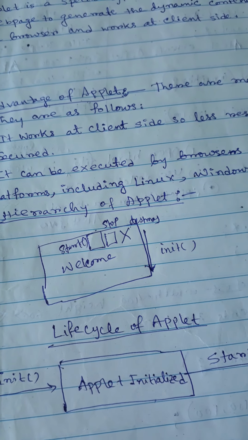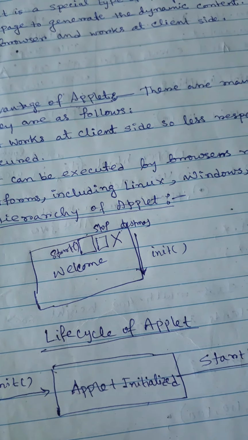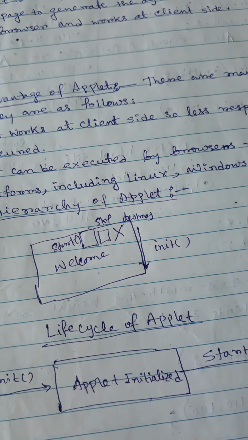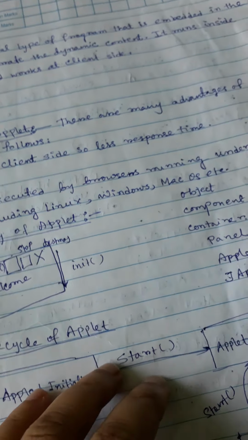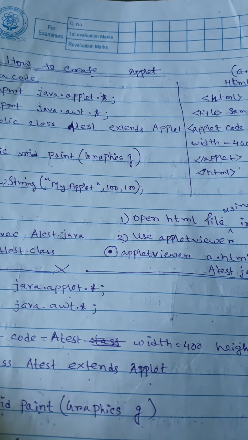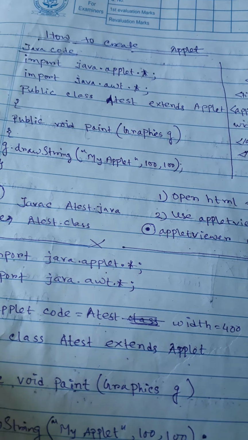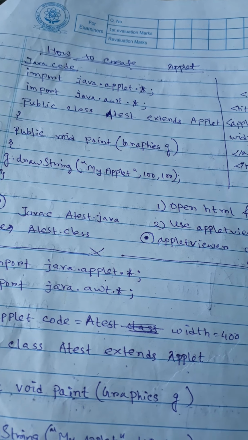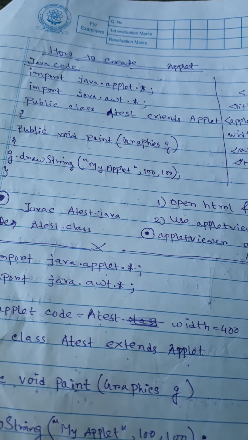And next is how to implement this applet code. There are two ways. One is you can write the Java code and HTML code separately on your computer. For the Java code, simply write the applet code and save it as a class file.